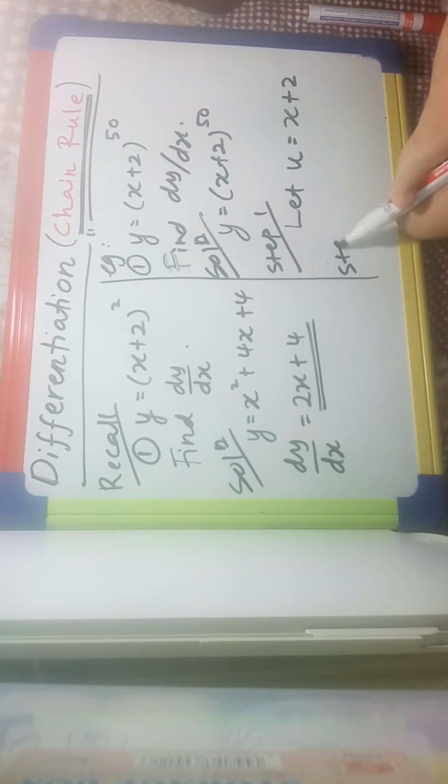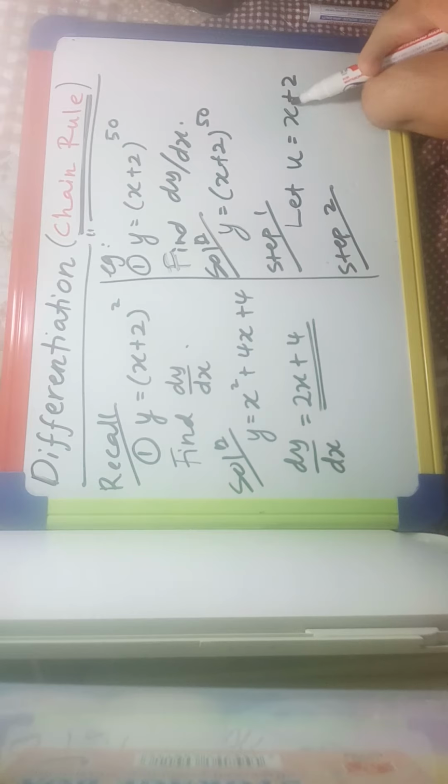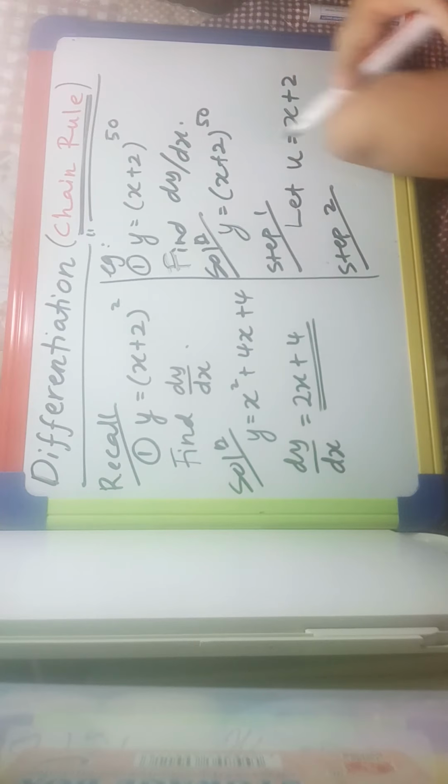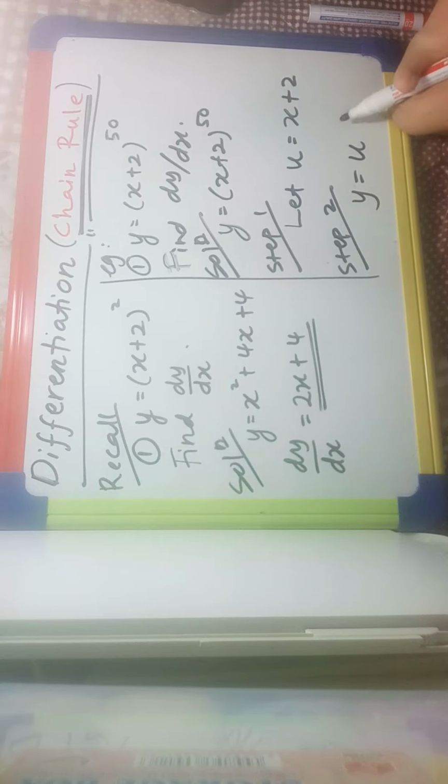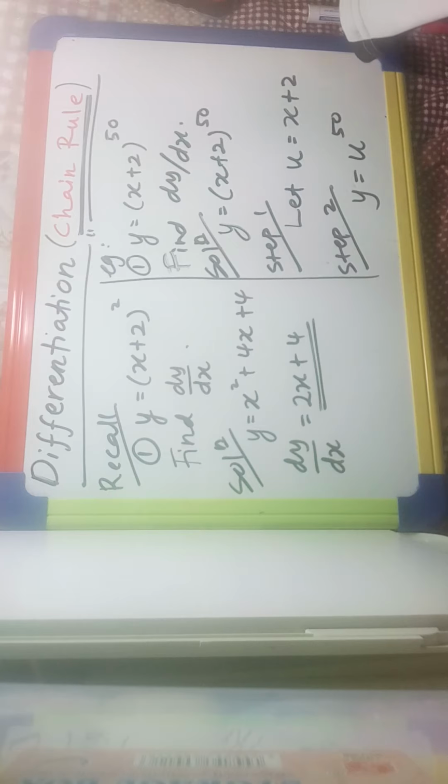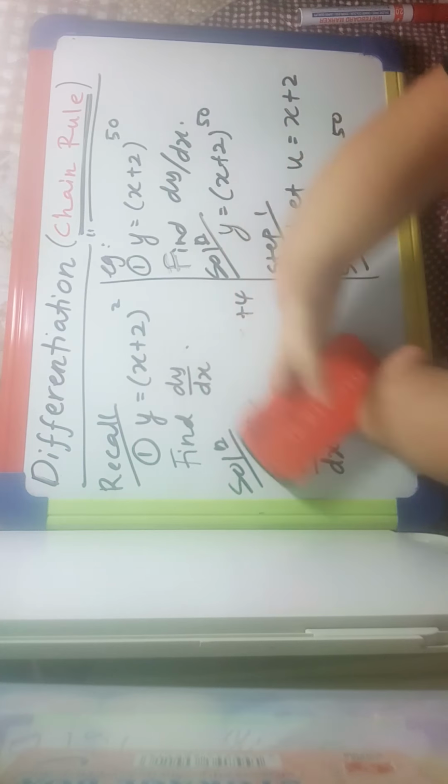Step number 2. When u equals x plus 2, what will happen to our question? So y now becomes u to the power of 50. So y equals u to the power of 50. I will erase this part.